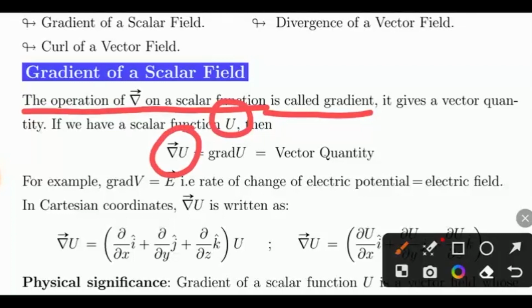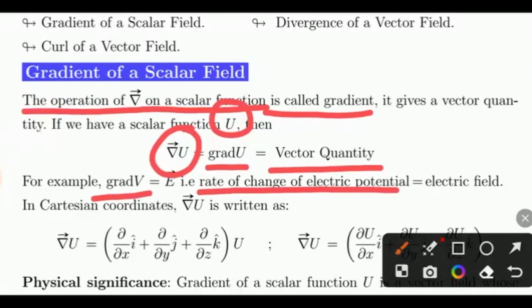It can be written as gradient of u, and now it becomes a vector quantity, a transformation from a scalar function into a vector function. Here is an example. If we take the gradient of V, meaning the rate of change of electric potential, that becomes equal to the electric field E.